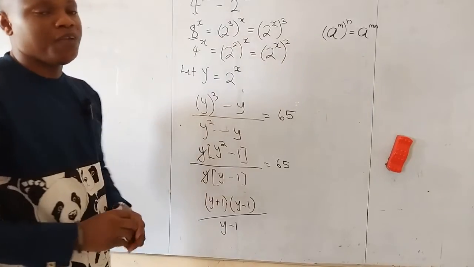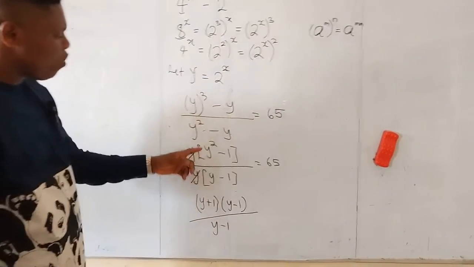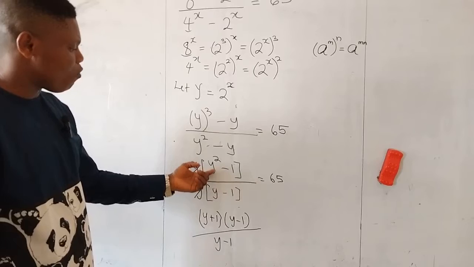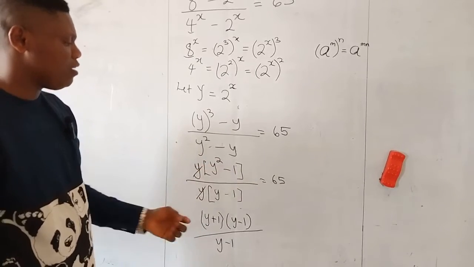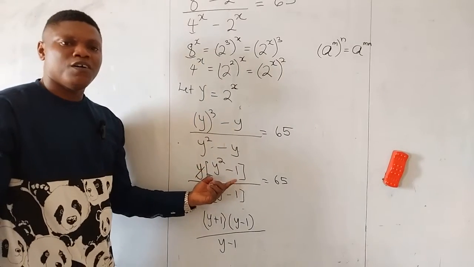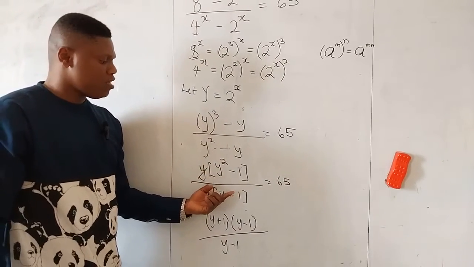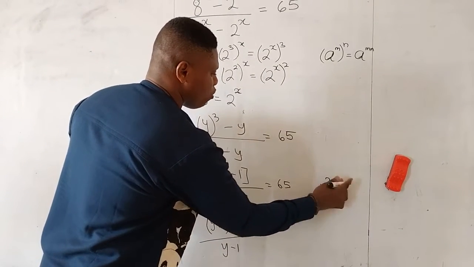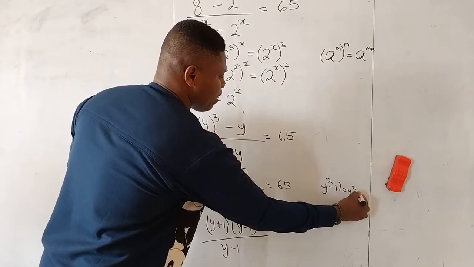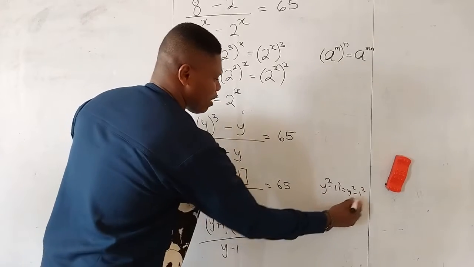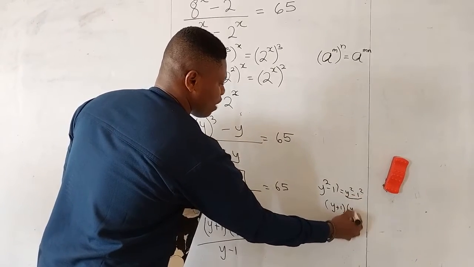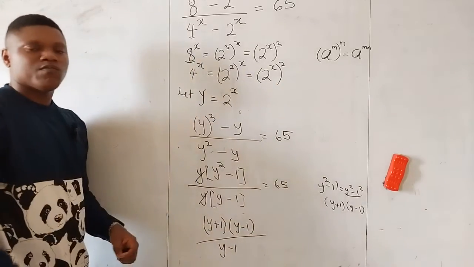Now, I know that you will be asking, how did I get y plus 1, y minus 1 from y squared minus 1? This is from the difference of two squares. So when you have y squared minus 1, you can always put it as y squared minus 1 squared, and you can factorize this as y plus 1 into y minus 1.